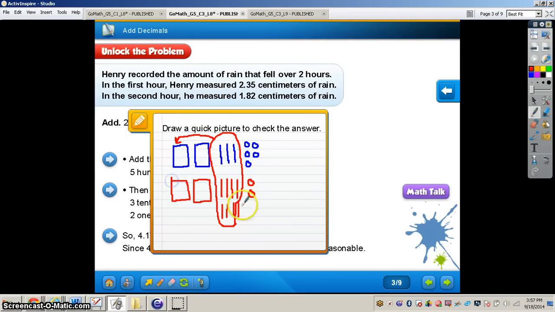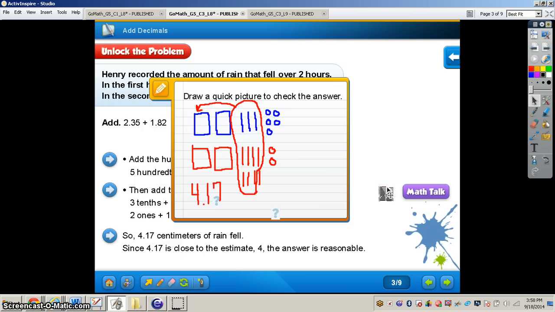Okay, we can regroup, leaving 1 left over. So we have 4 ones, 1 tenth, and 7 hundredths. So 4 17/100ths. And this drawing is just a way to double check your work and make sure you have it correct. Now let's take a look at page 136.